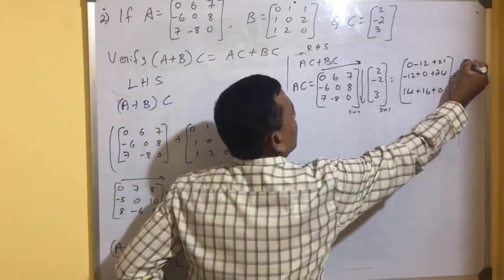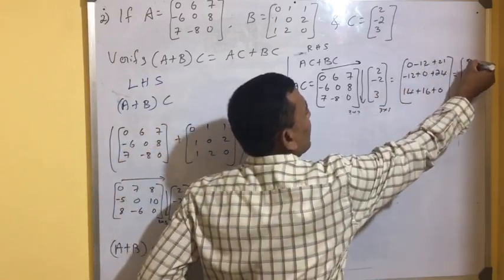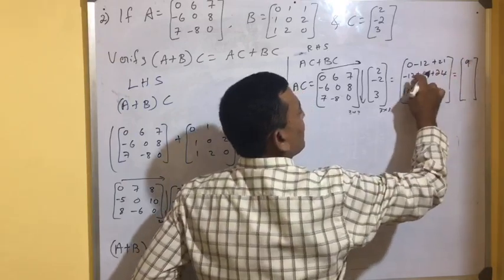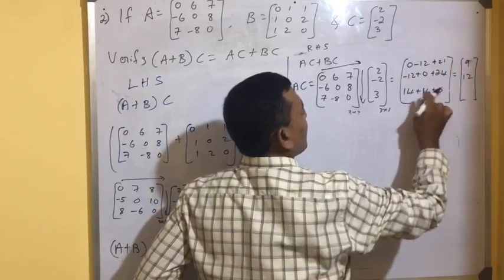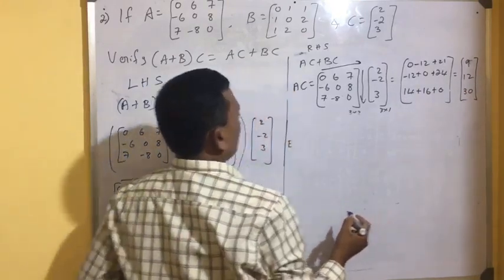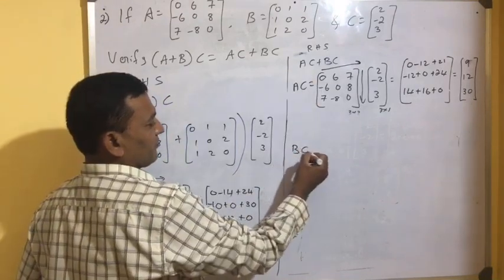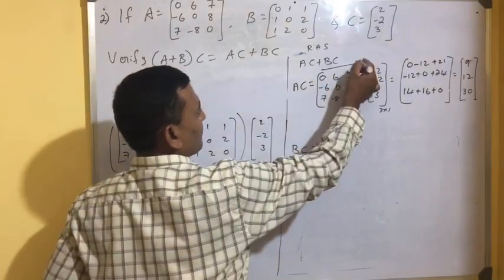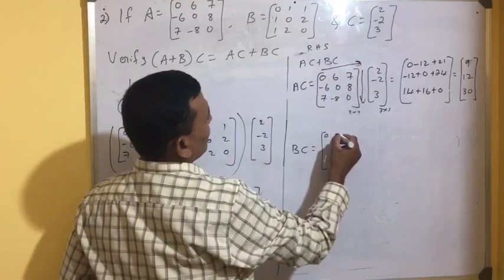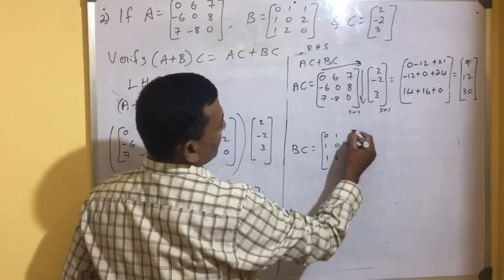So we get AC equal to: minus 12 plus 21 is 9, minus 12 plus 24 is plus 12, 16 plus 14 is 30. Now similarly we will find out BC. So the B matrix is 0, 1, 1, 1, 0, 2, 1, 2, 0.